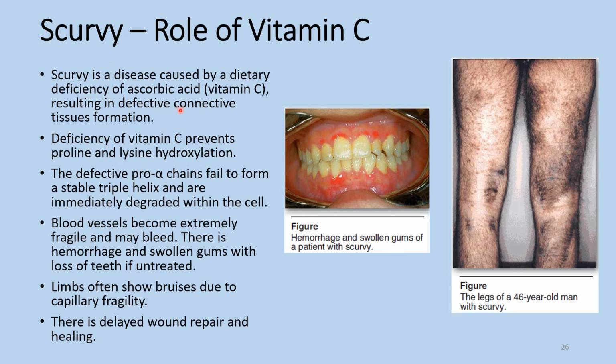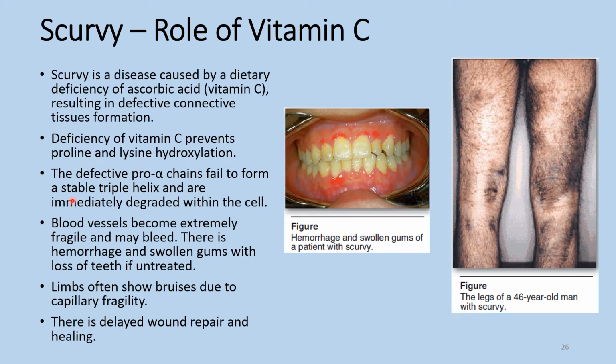Scurvy is the disease caused by dietary deficiency of vitamin C, which results in defective connective tissue formation. You know vitamin C is required for the hydroxylation reaction of proline and lysine to make hydroxyproline and hydroxylysine.